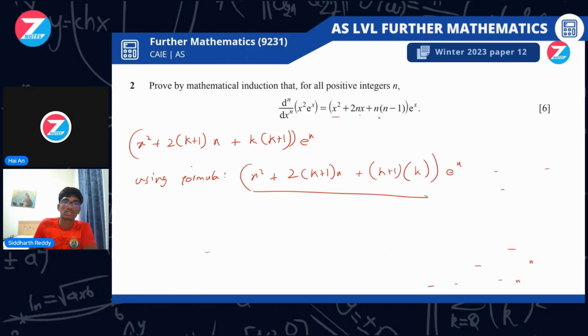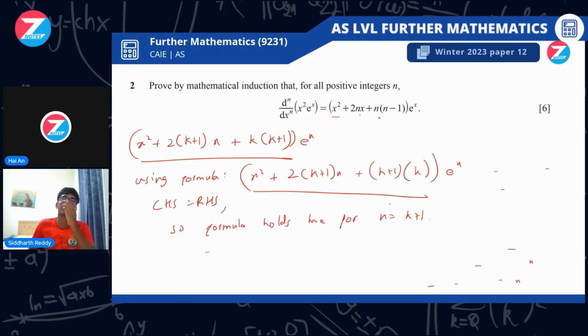So this is the same thing as this. So LHS is equal to RHS. So the formula holds true for n is equal to k plus 1.